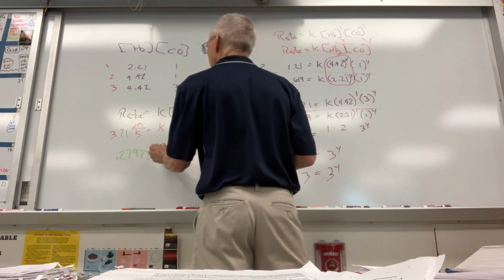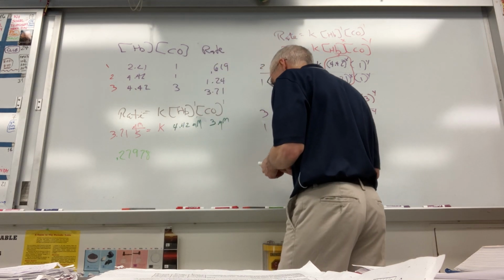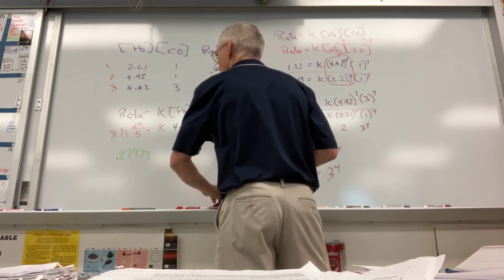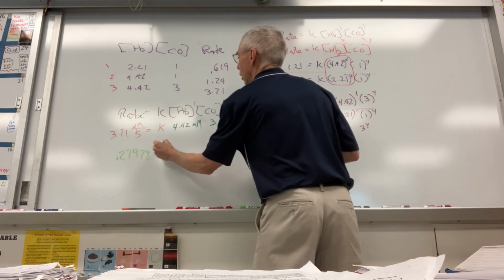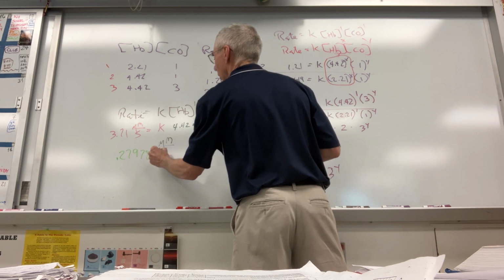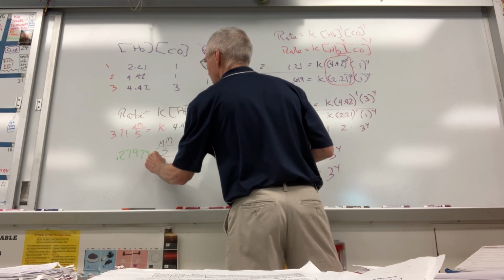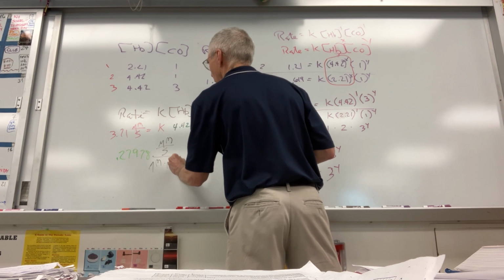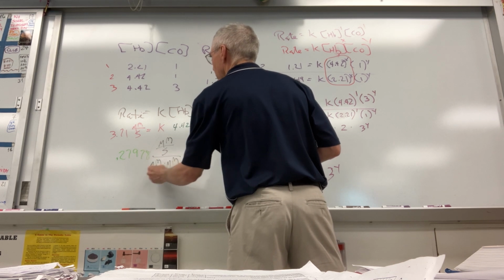Now the other question is, what's the unit? So let's look at that. We've got millimolar per second divided by millimolar times millimolar. If you can't read that, I'm sorry. So what's that work out to be?